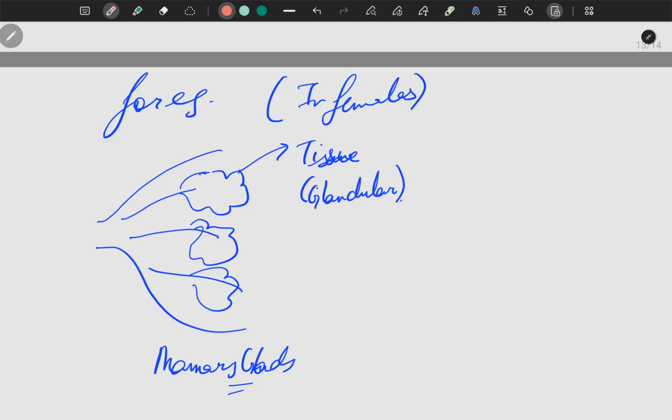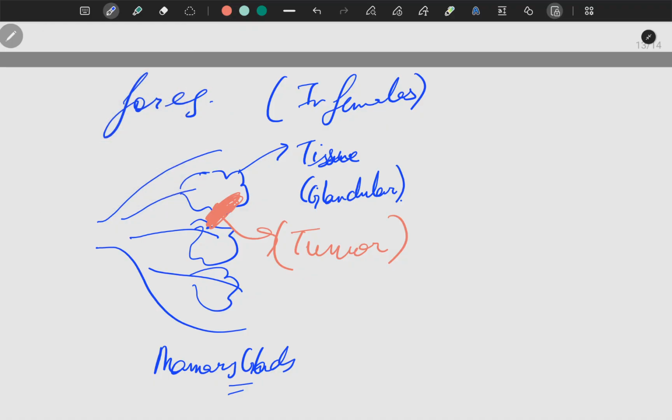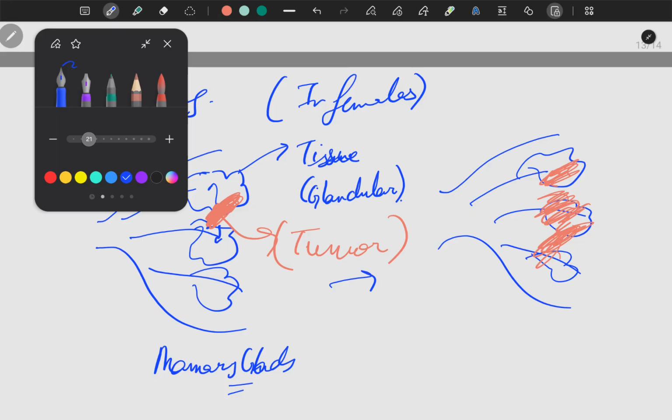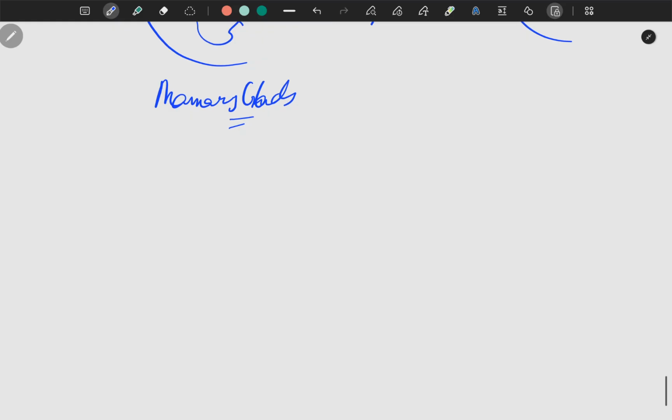This red thing forming in the tissue is called a tumor. Now what happens is these cells try to multiply here and there. They invade the neighboring tissue, and then they spread to the blood vessels and the lymph vessels.